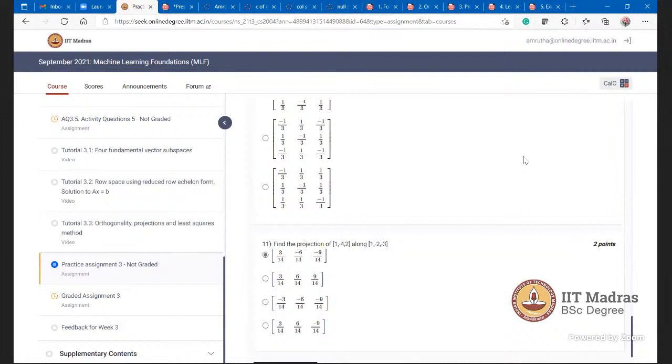If possible, tomorrow or the day after, since you have already solved up to this practice assignment, and graded assignments we are not going to discuss, you need to discuss some new problems.